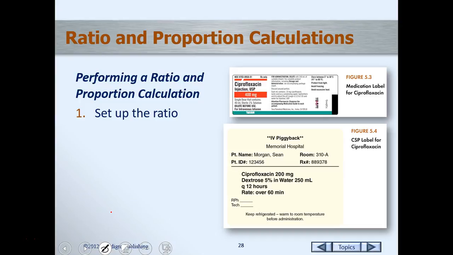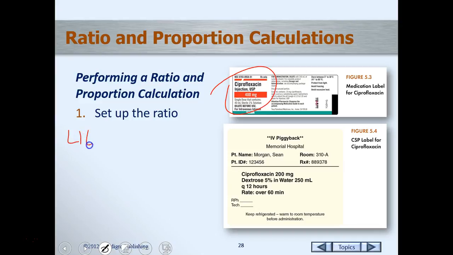So first we're going to set up the ratio, and we're going to determine what we have that we are starting with. So this one is ciprofloxacin, 400 milligrams. A single dose vial contains 40 milliliters. So I have to read this information.